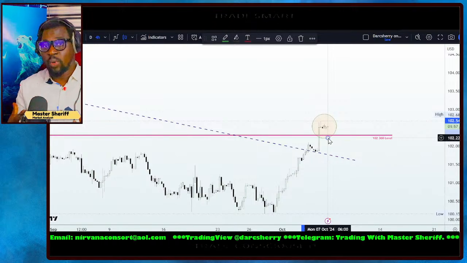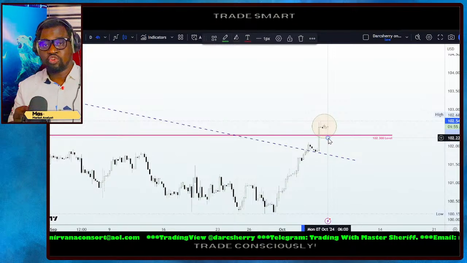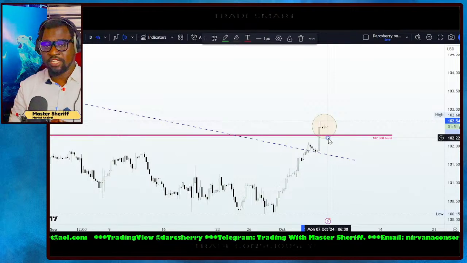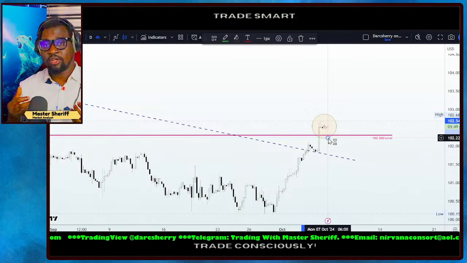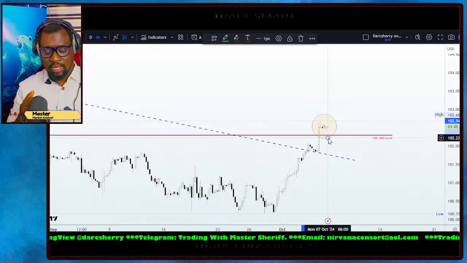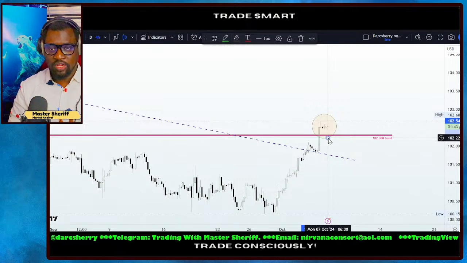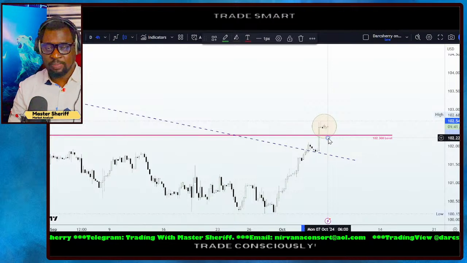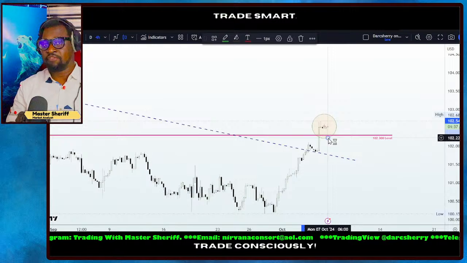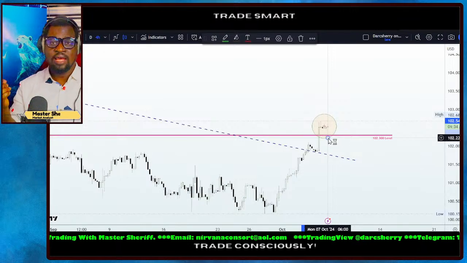Now, with the way things are going right now, we do not know if the momentum will continue to the upside. But if we look at the fundamentals behind the scenes, and considering the resilient US economy, which is evident from the GDP data that came in 2 weeks ago, showing that the US economy expanded by 3%. We also had the labor-oriented data in the form of the US jobless claim count, which did very well.